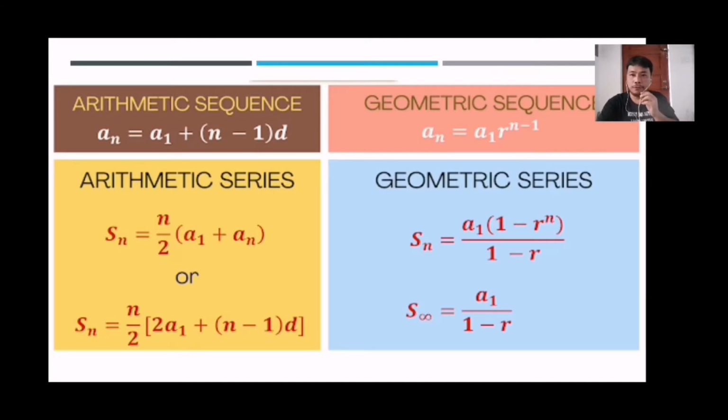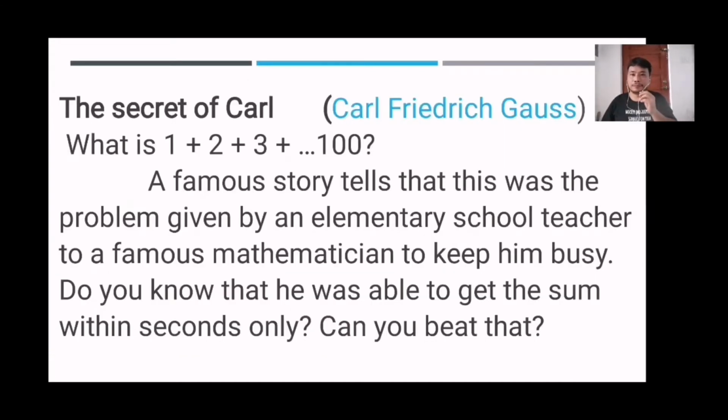But before we move further, kwentuhan muna tayo. I will share to you a story, a famous story about a famous mathematician and also a physicist, which is Carl Friedrich Gauss.